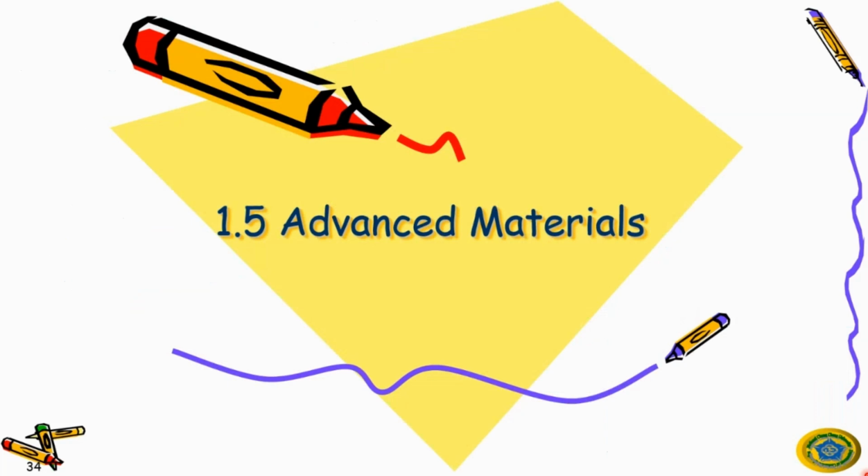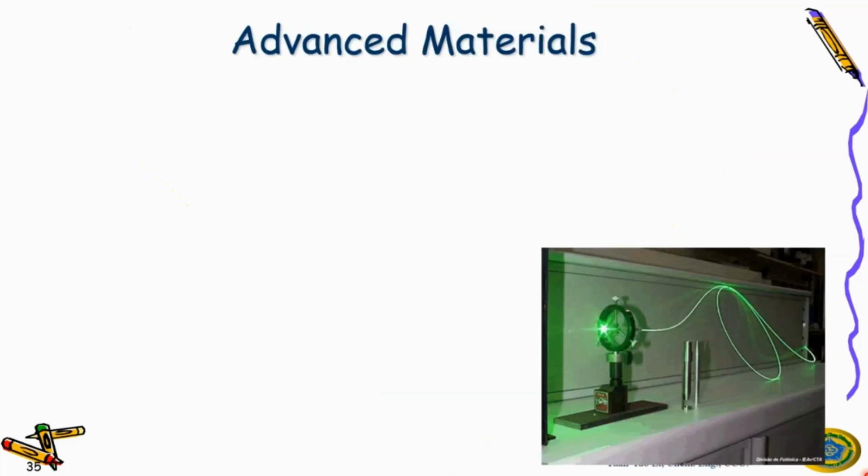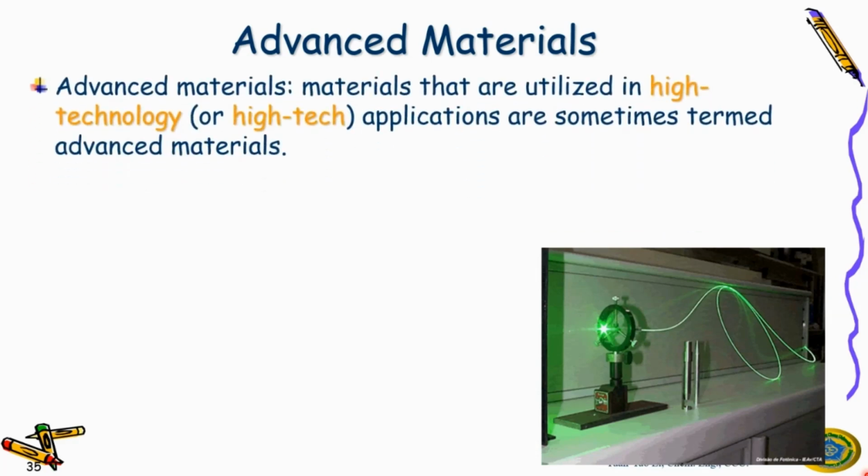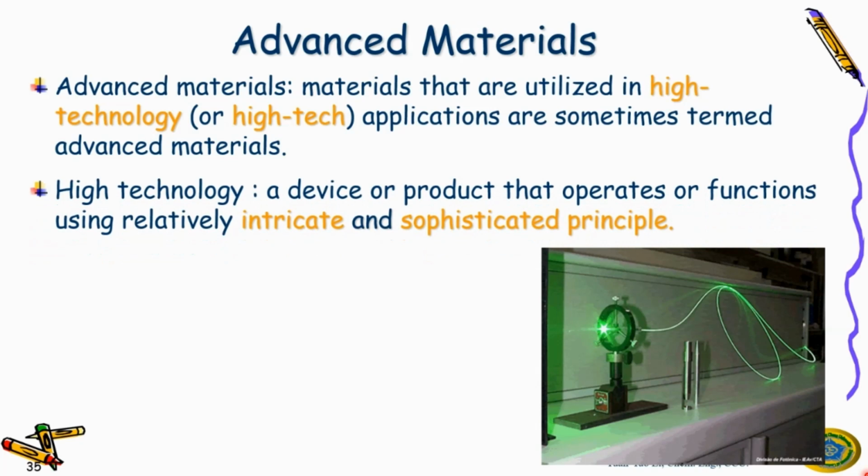Okay, so next, advanced materials, section 1.5. What is the definition of advanced materials? Materials that are utilized in high-tech, or high technology, applications are sometimes termed advanced materials. What does high-tech mean? High technology means a device or product that operates or functions using relatively intricate or sophisticated principles.